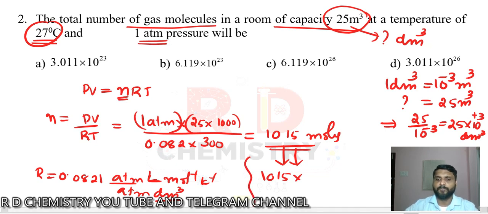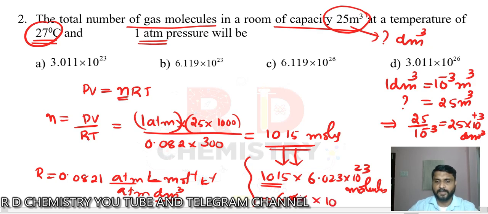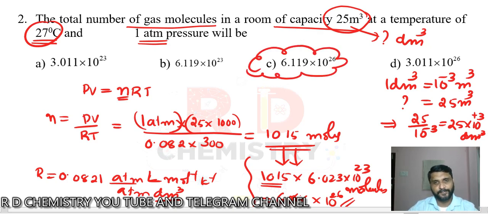So 1015 moles contain into Avogadro number 6.023 into 10 to the power 23 molecules, and this will be approximately 6 point something into 10 to the power, since I took 1000, so let me make it 26 here. So the answer is option number C. Clear? Right?